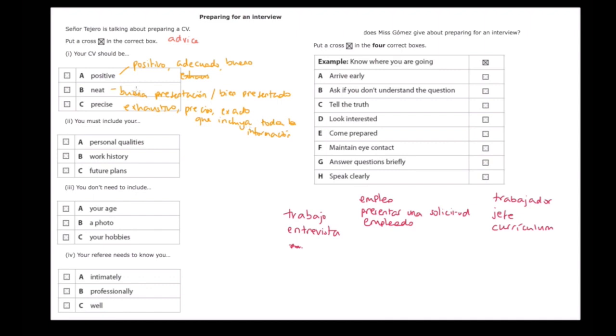So don't be expecting necessarily an adjective, but some roundabout way of saying the same. Now, in here we could underline or highlight this should be. Should be what? Must include personal qualities. So cualidades personales.